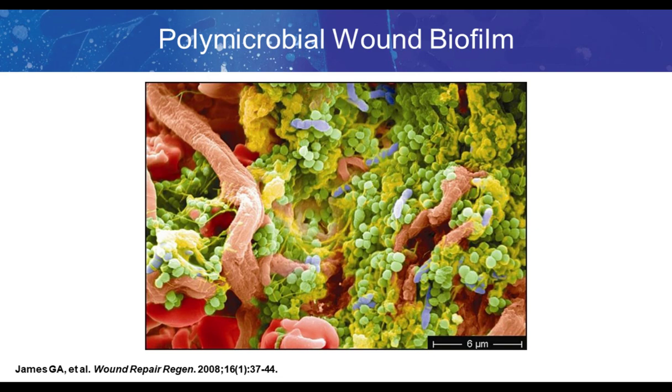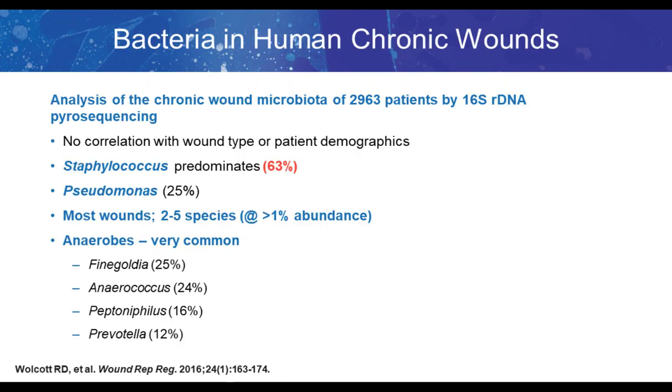Dr. Randy Wolcott published a paper in 2016 with the results of sequencing the 16S gene, which is a way to identify bacteria, from 3,000 patients. And they found no correlation with wound type or patient demographics. So the patients have different communities, different bacteria.